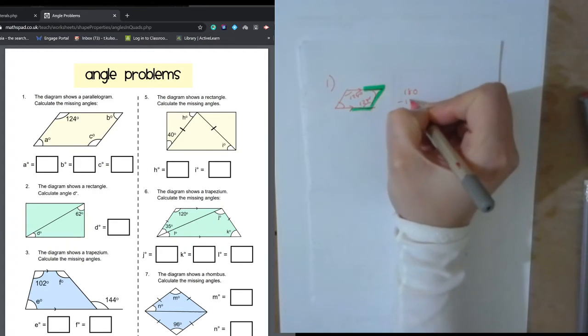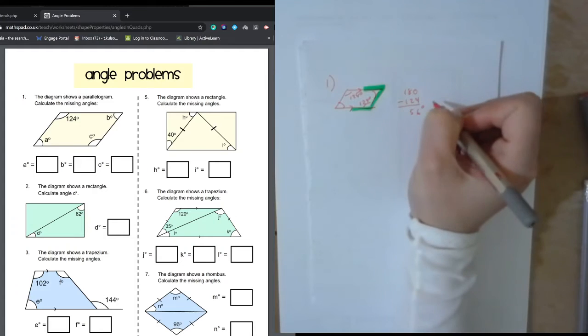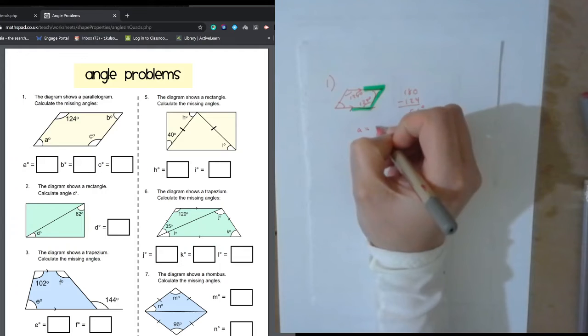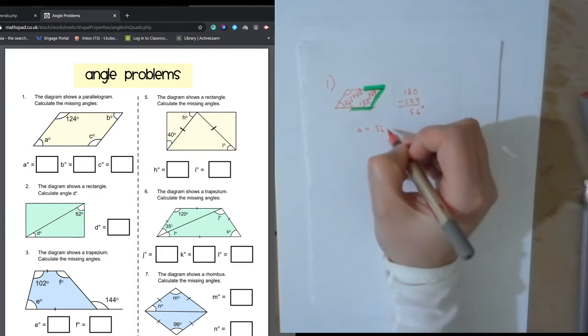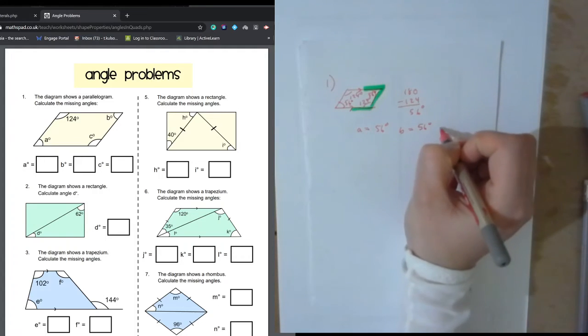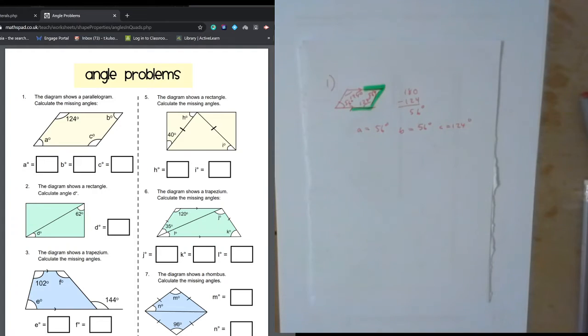So I'm going to do 180, take away 124, which leaves me with 56 degrees. So I know A is equal to, because this is A, that's 56 degrees, so that's 56 degrees. A is equal to 56 degrees, B is equal to 56 degrees, and C is equal to 124 degrees. So you're just essentially using your laws now, and you'll start using them together.